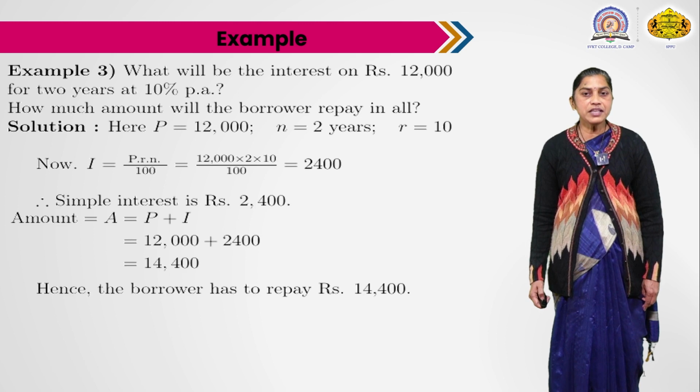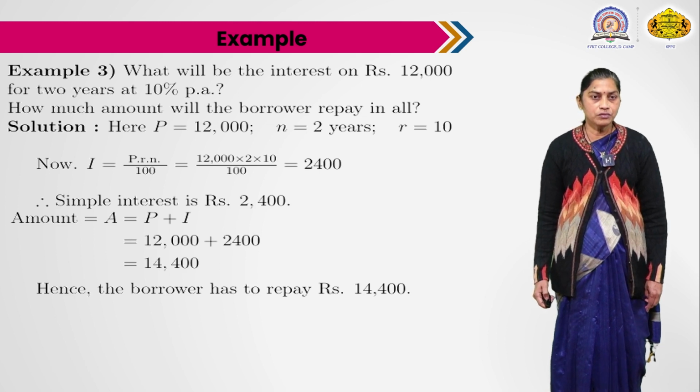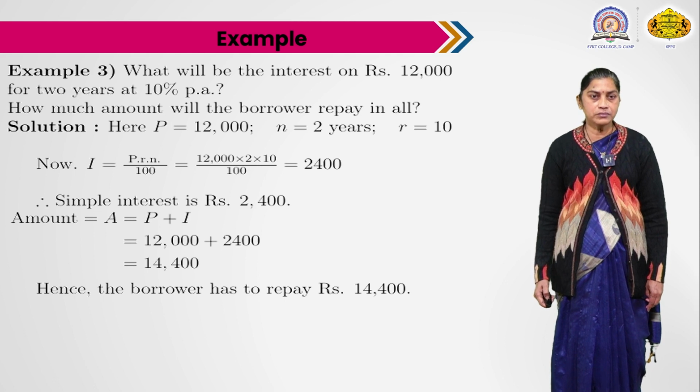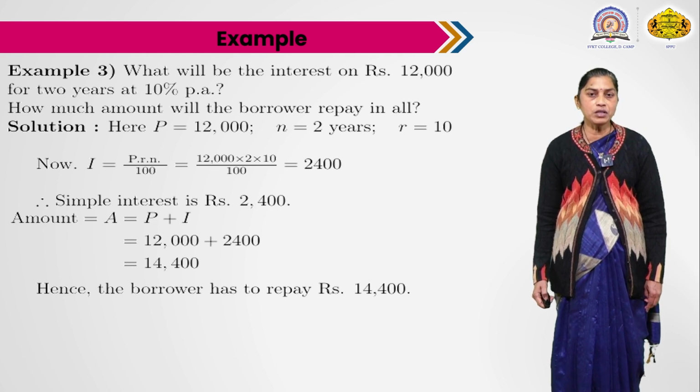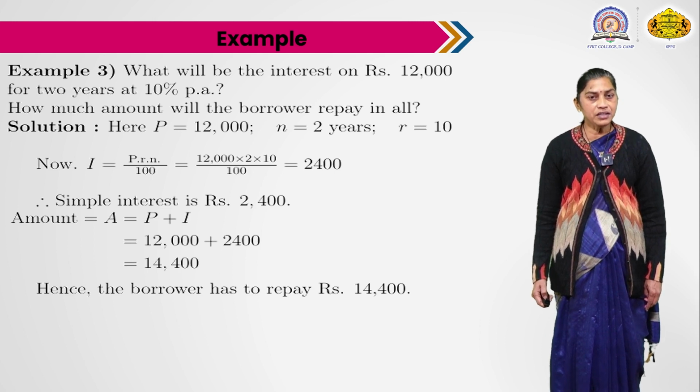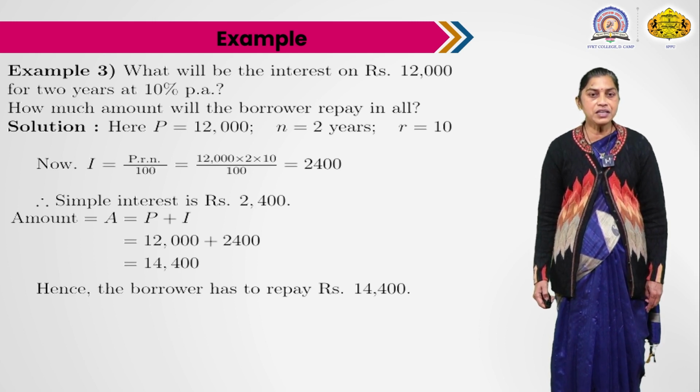What will be the interest on rupees 12,000 for 2 years at 10% per annum, and how much amount will the borrower repay in all? So, see in this example, amount is asked. Firstly, we have to find what is the interest. Principal is given to be 12,000.